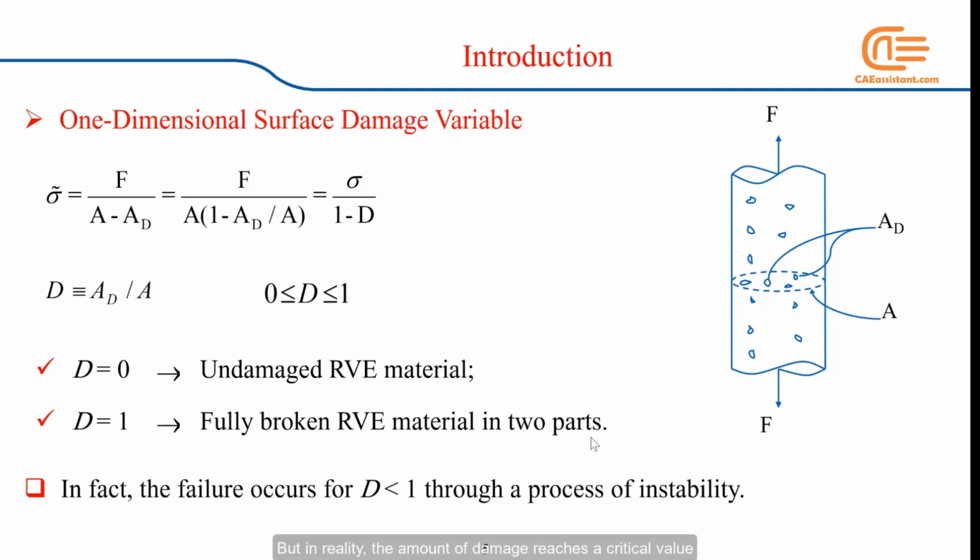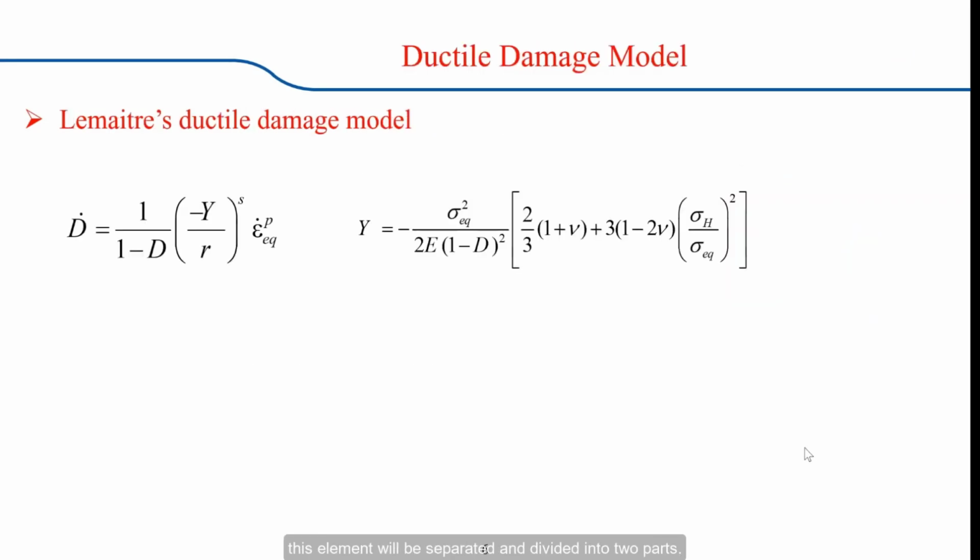But in reality, the amount of damage reaches a critical value before reaching the value of 1, and the cross-section loses its loading tolerance and breaks suddenly. Therefore, this critical value will be less than 1, which will be between 0.2 and 0.5 for industrial materials. If the amount of damage reaches these numbers, this element will be separated and divided into two parts.